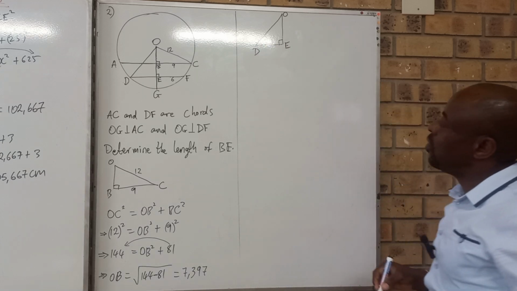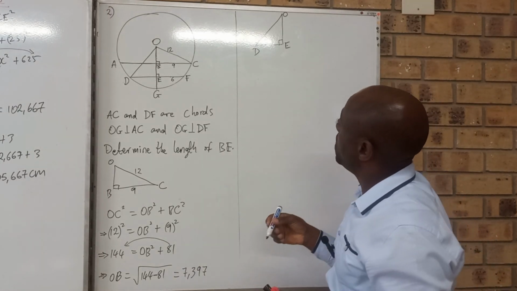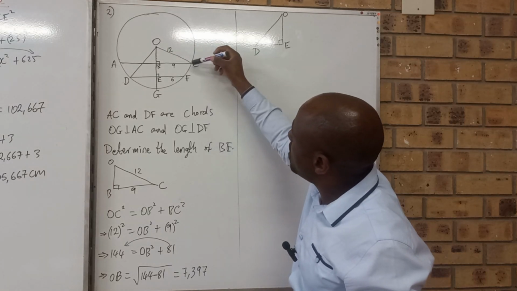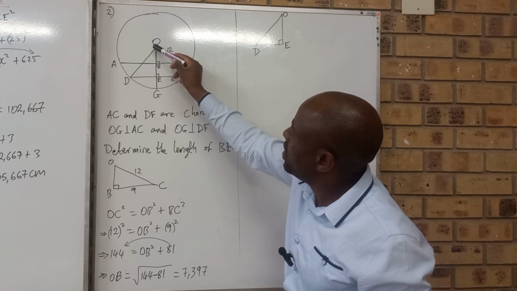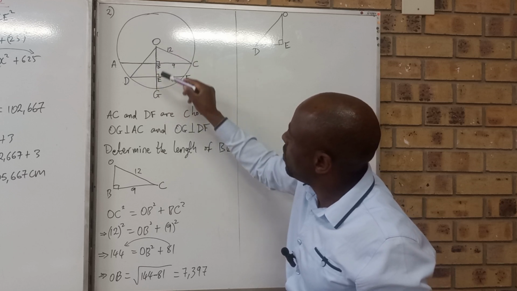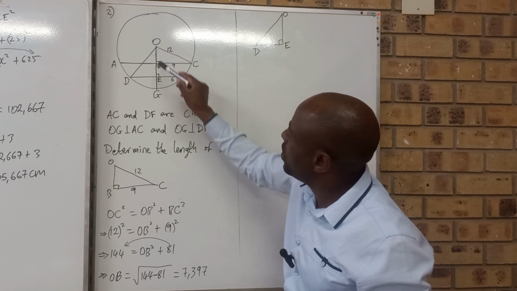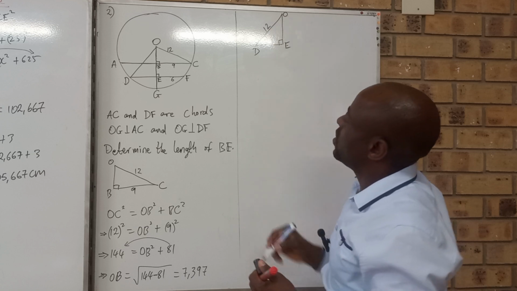So that's my triangle OED. Then I need the dimensions around it. OC is the radius, as well as OG, as well as OD, because they are the distance from the center to the circumference. So if OC is 12, it means OG is 12, and OD is 12. So that helps me to see that this is 12.